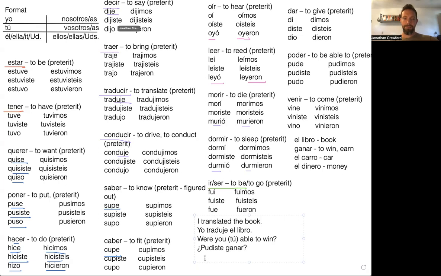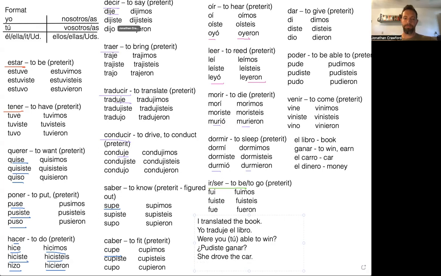All right, now let's say she drove the car. How do you say she drove the car in Spanish?